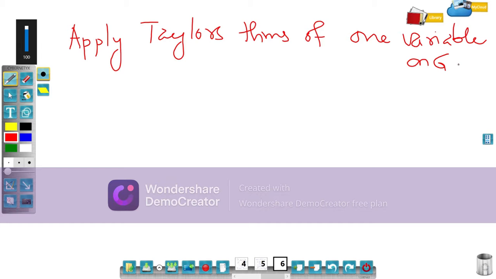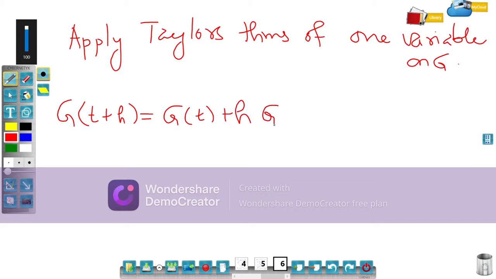So what I will get: g of (t plus h) is equal to g of t plus h times g dash t plus h square upon 2 factorial g double dash t, plus so on and so forth.